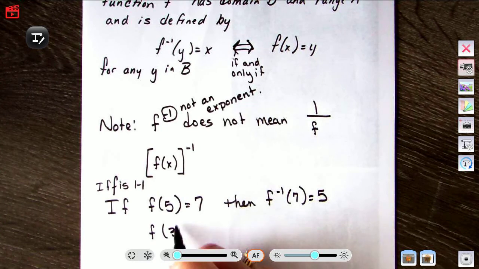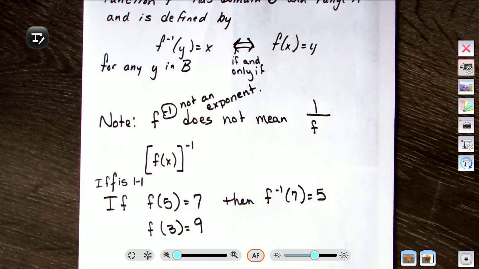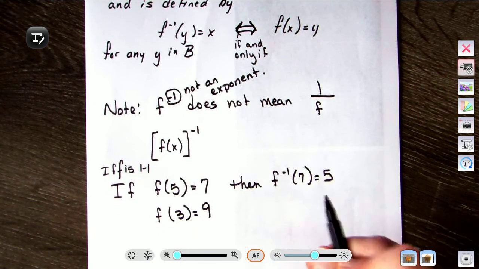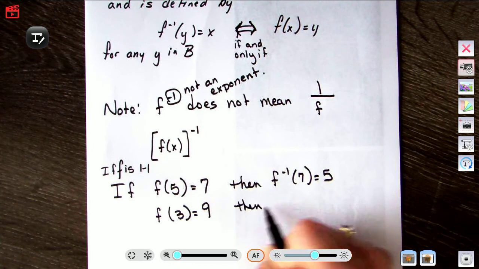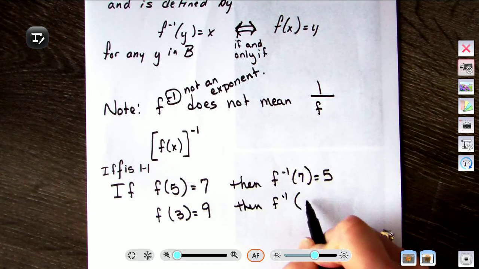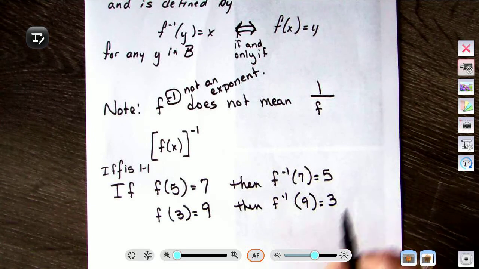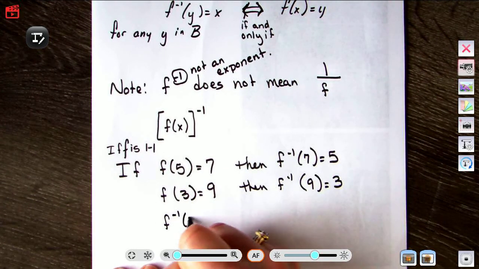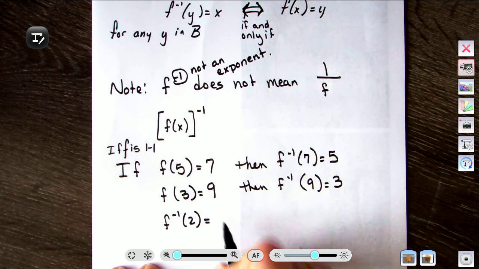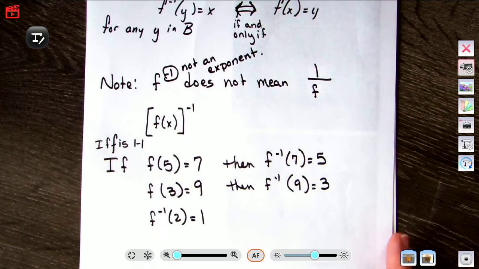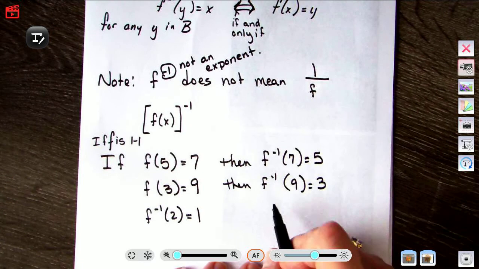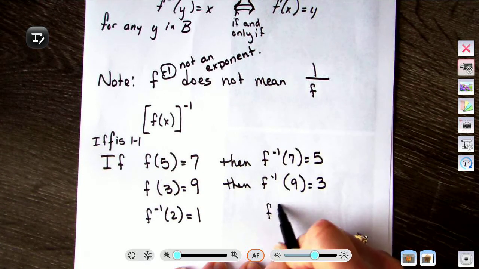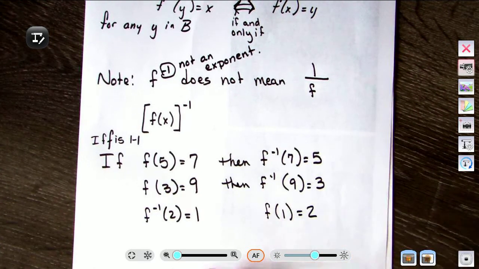If f of 3 is equal to 9, then f inverse of 9 is equal to 3. If f inverse of 2 is equal to 1, that meant that f of 1 is equal to 2. So kind of having to get used to the fact they just kind of switch each other around.